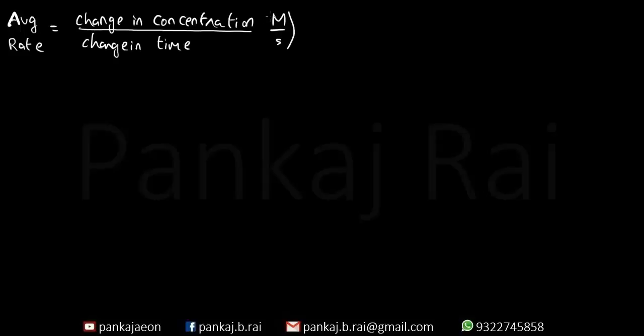So the unit of average rate is molar per second. Now average rate is denoted as delta C by delta T.